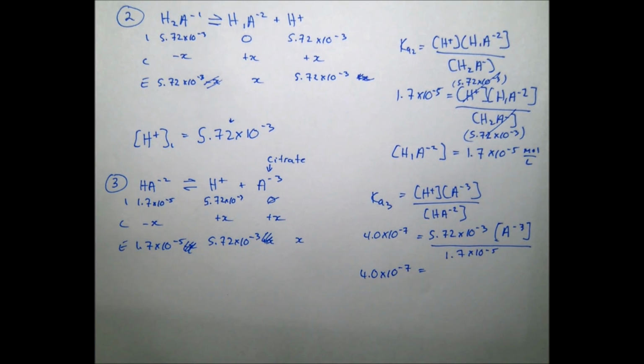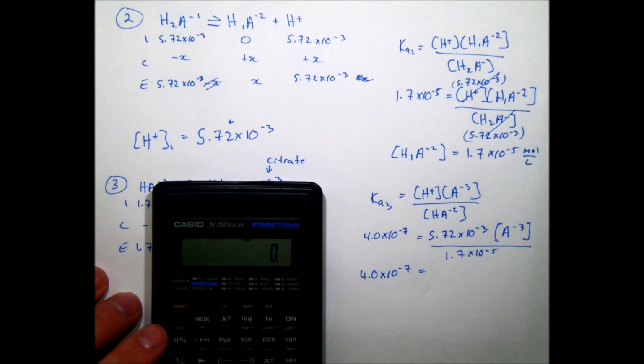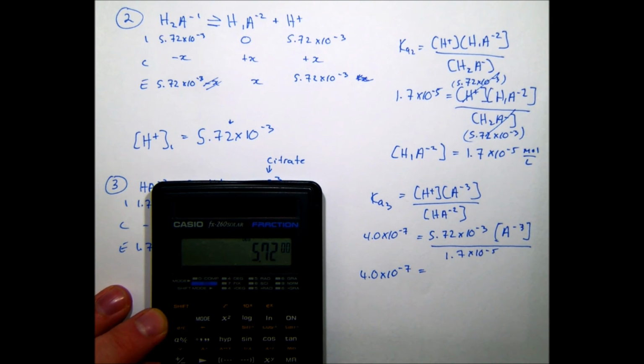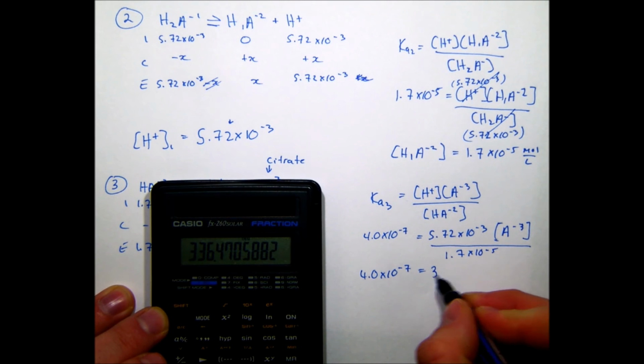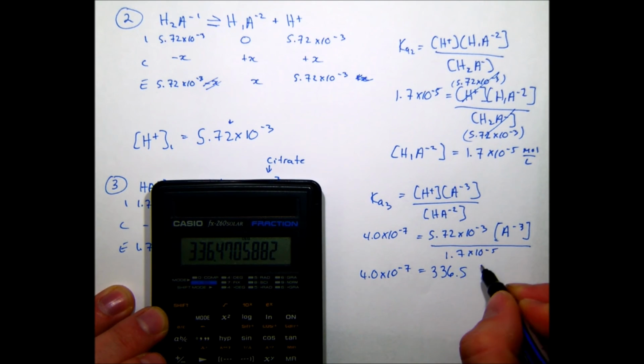Let's just do this division. 5.72 times 10 to the negative 3 divided by 1.7 times 10 to the negative 5 is equal to 336.5.